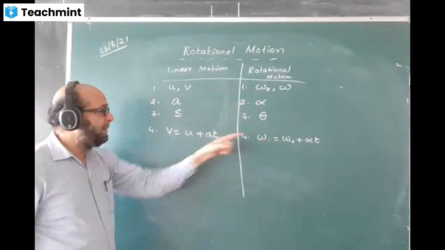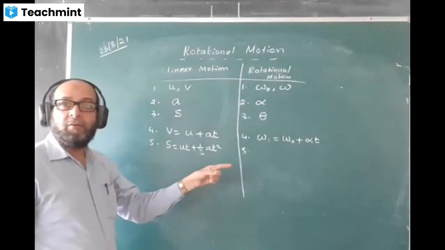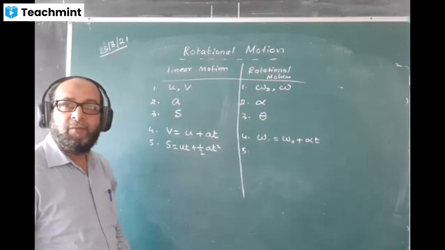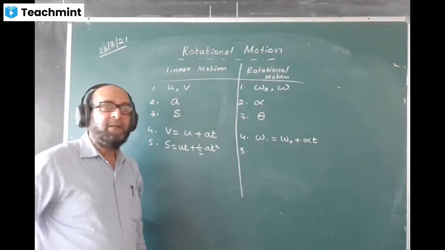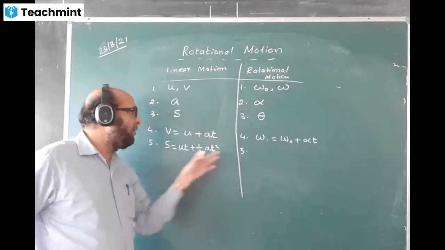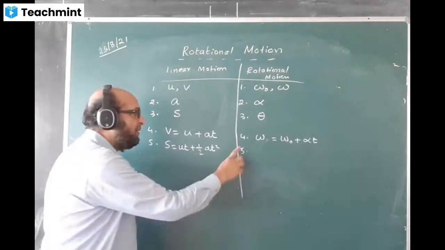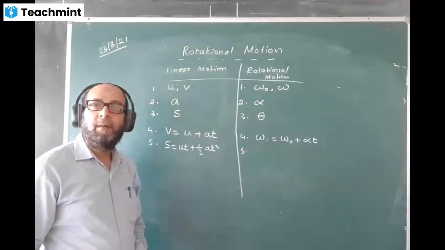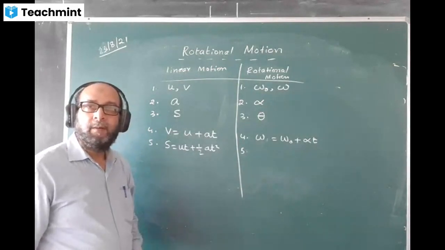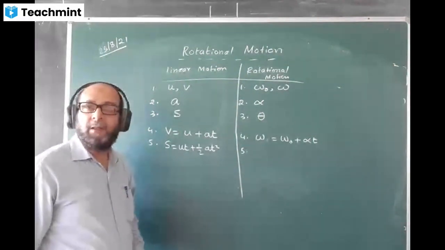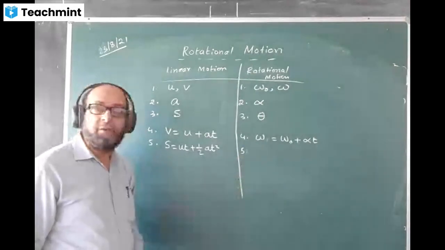The fifth formula, s equals ut plus half at square. How will it be written now in this format? You can tell me the same formula when the rotation is taking place. How should I write this formula for rotational motion?